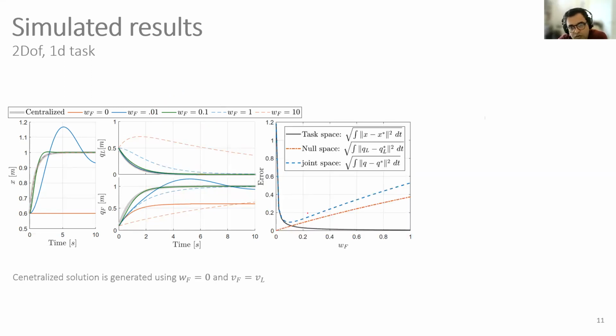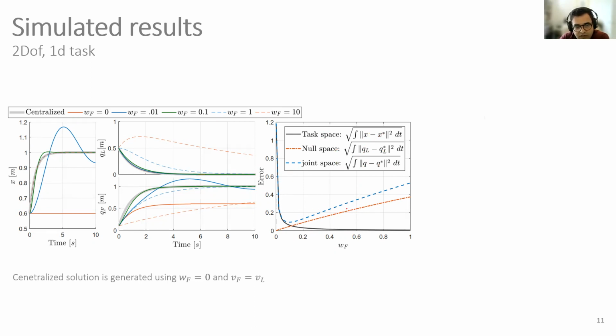This behavior can also be formalized and quantified. We can take the differences between this solution and the centralized solution in the task space, or in the null space, because the null space is actually the joints of the leader, or in the joint space here. And we see the same story.